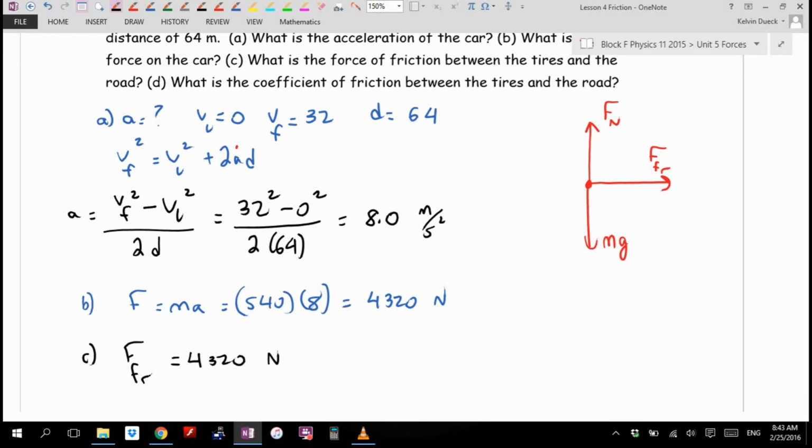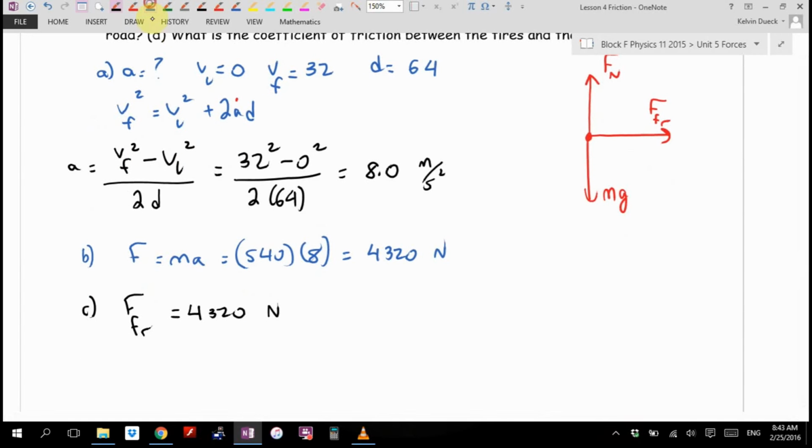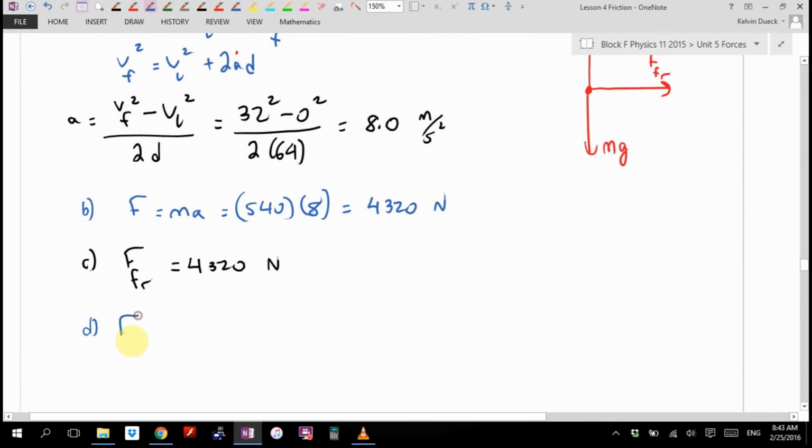Andy, what are they asking me to find in part D? Is there an equation that has mu in it? What is that equation? So you're saying part D is asking what's mu? How would I get the mu by itself?